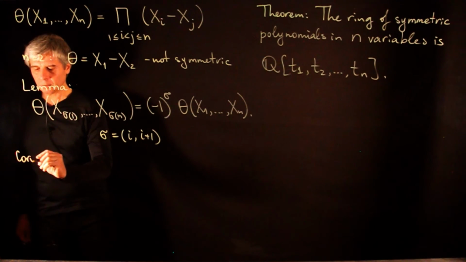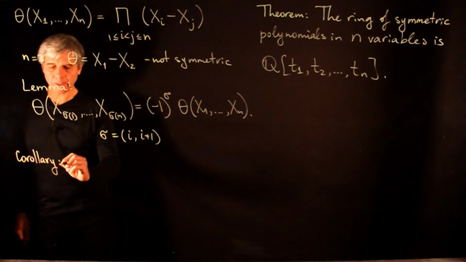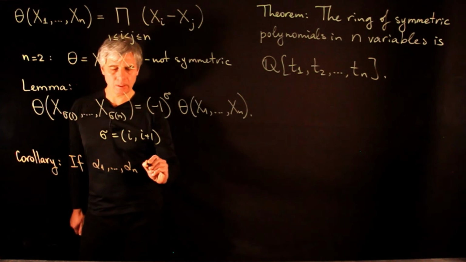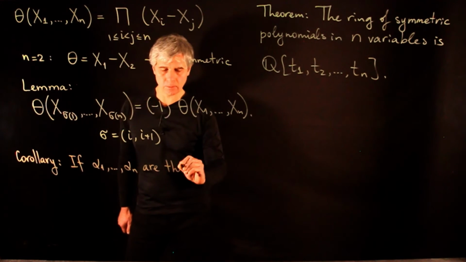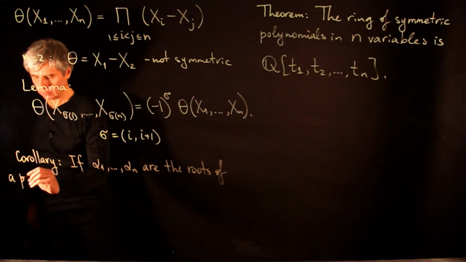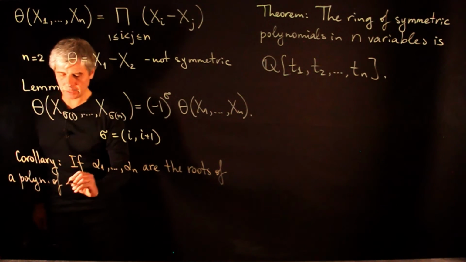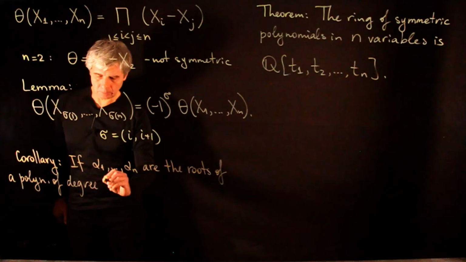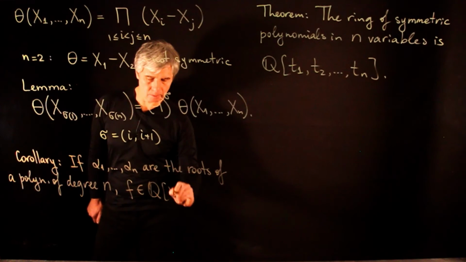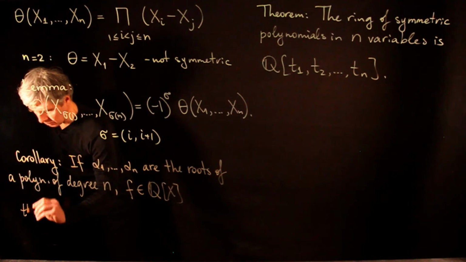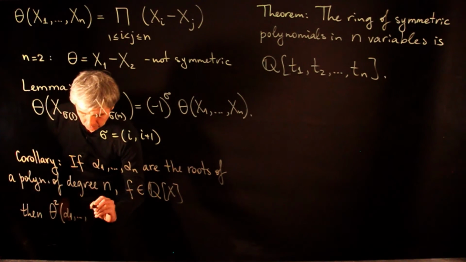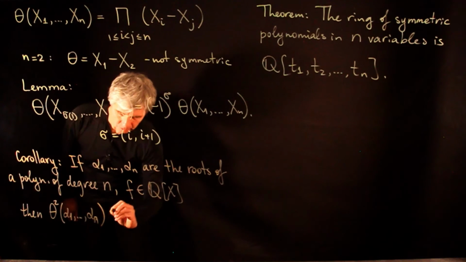As a corollary, we get that if alpha_1, ..., alpha_n are the roots of a polynomial f in Q[x] of degree n, then theta squared of alpha_1 through alpha_n is a rational number.